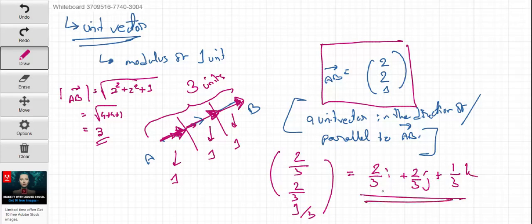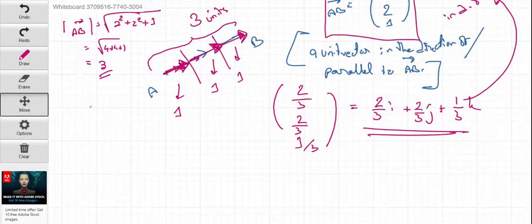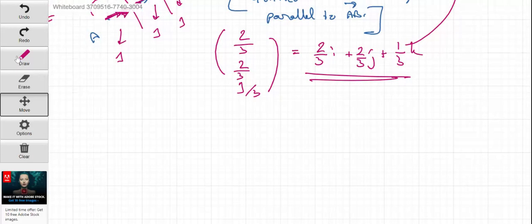This right here is the AB vector sliced in three equal parts. And this can be thought of as a unit vector in the direction of AB.